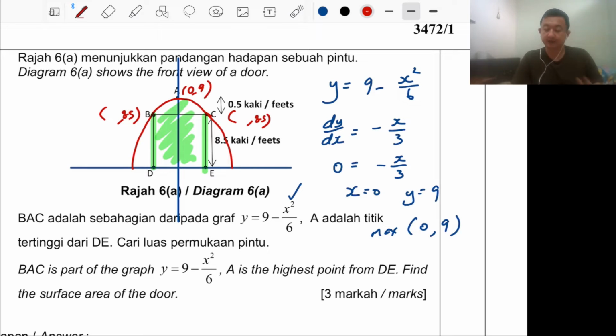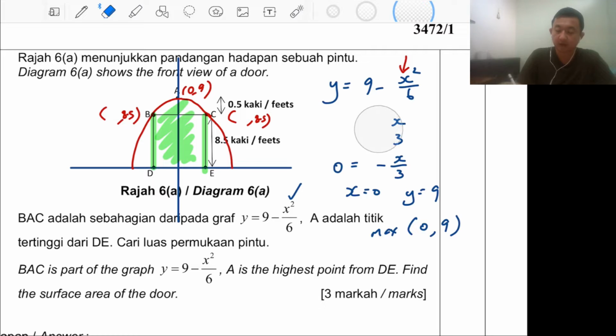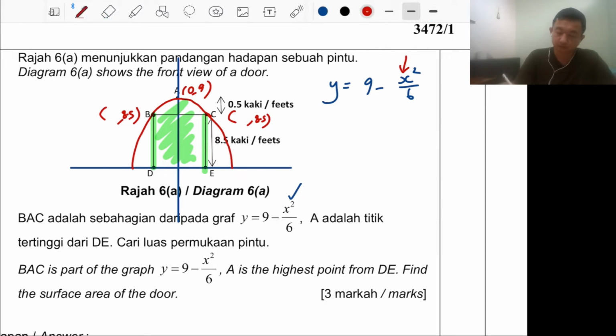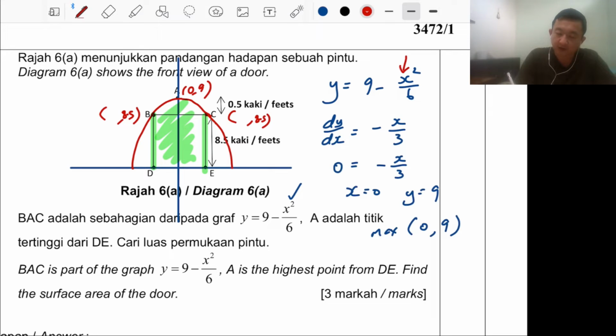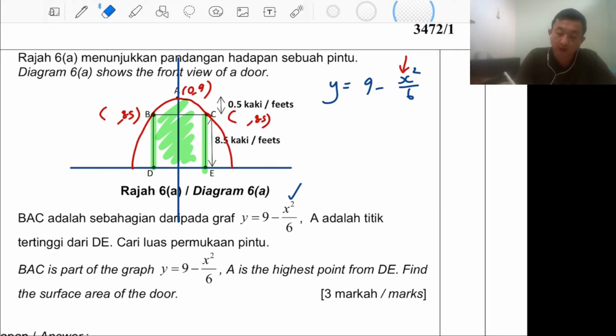Can you find the x? Of course, because you have everything you need. So I put it here, 8.5. Let's see what the value for x is. Sorry, I should not put it here because this is y. My bad. So I should put it here.